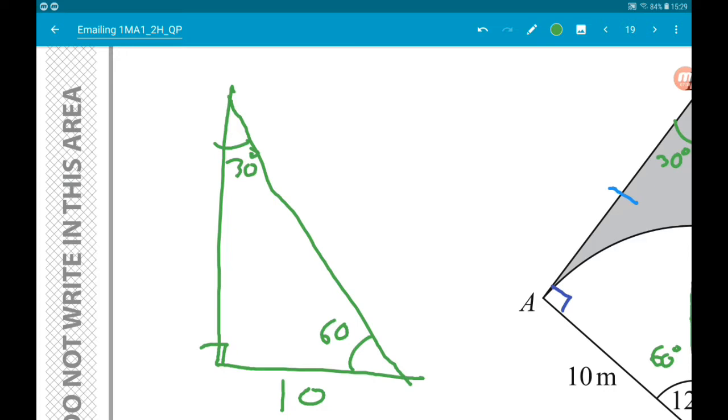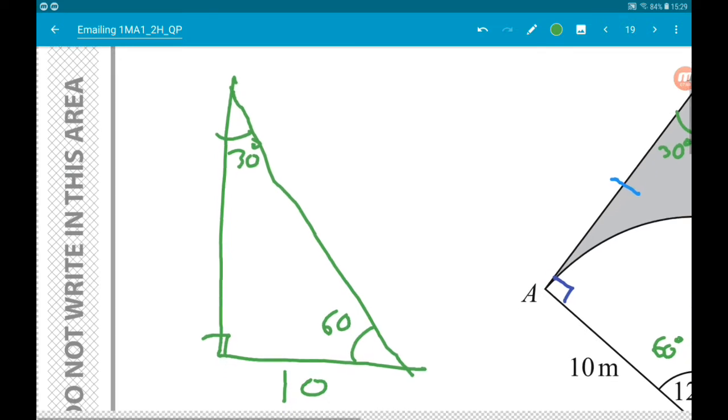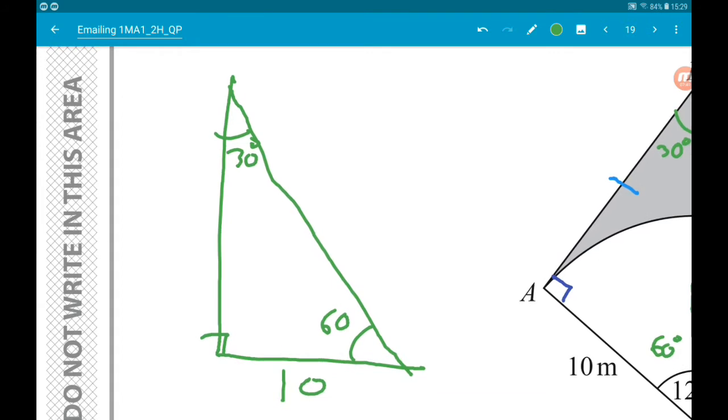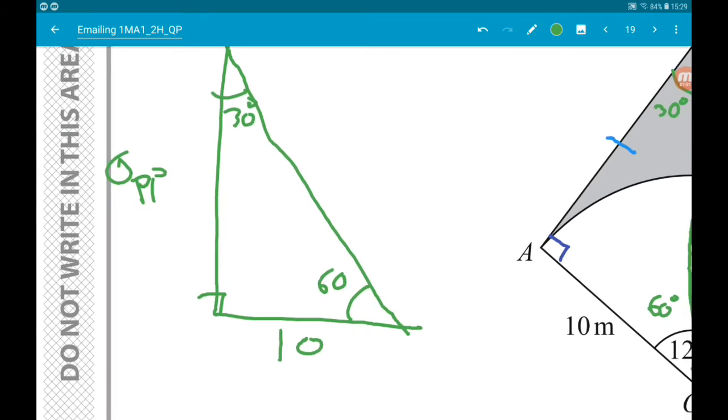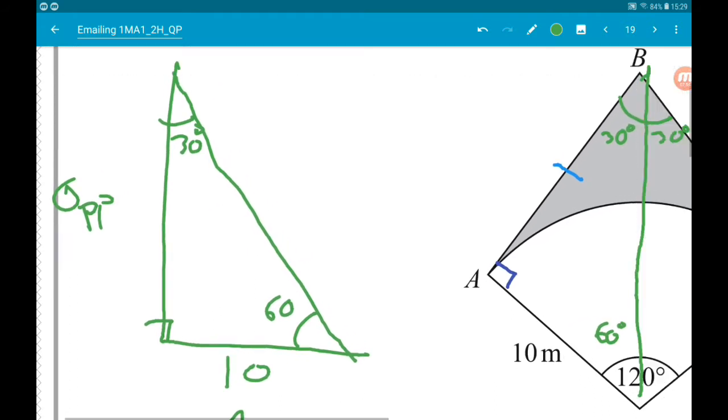So the height then is the opposite, and the 10 is the adjacent. So we know tan 60 is equal to the opposite over 10.